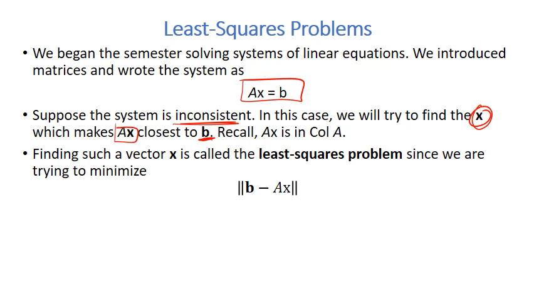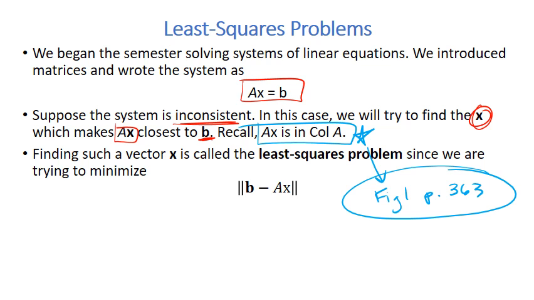In our attempt, I want you to recall that Ax is in the column space of A. Because of this, we're looking for an x that makes Ax the closest point in Col A to b. And I know that probably sounds like, what? If you want a visual, Figure 1 on page 363 may help illustrate that for you.